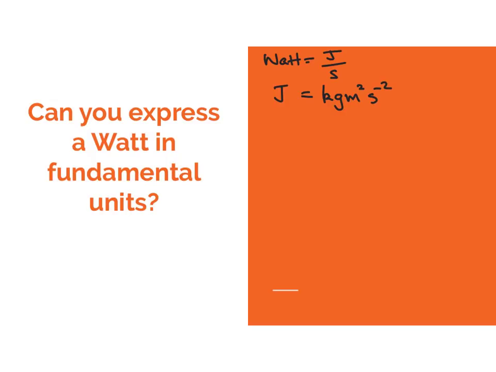It's a force, kilogram meters per second to the -2, multiplied by a distance in meters. So if we substitute that in for a watt, kilograms meters squared seconds to the -2 over a second is equal to kilograms meters squared seconds to the -3. So that is your fundamental units for watts.